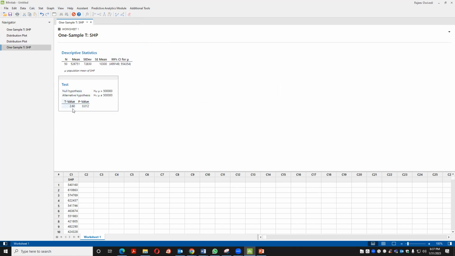The same result is coming, but the p-value is more than 1% as per the alpha rule, and the t-value is 2.6. P-value is 0.012 and alpha value is 0.01. So p-value is greater than alpha, and therefore the null hypothesis is accepted.